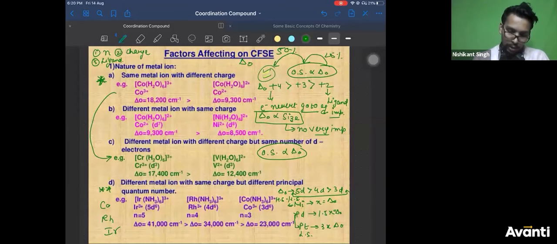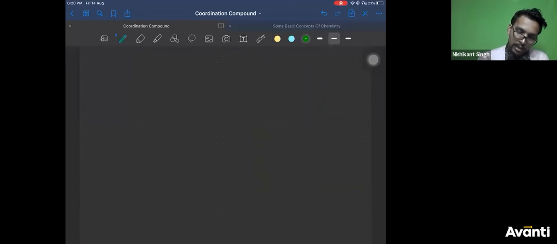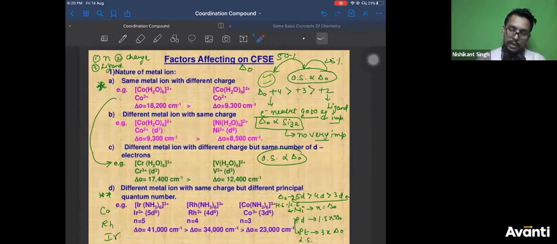All right. So these factors, keep in mind, guys, they are very, very important. I'll give you one example of this. Do you guys remember NiCl4 2-? It is in fact important for VBT also. You can apply these factors. For +4 and heavier metals, back pairing will always occur.